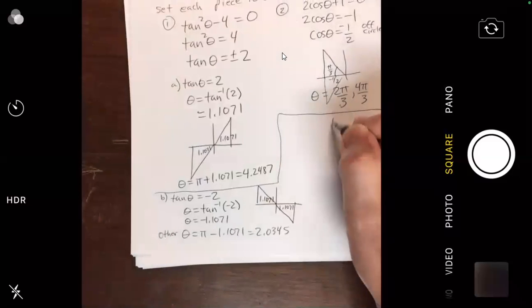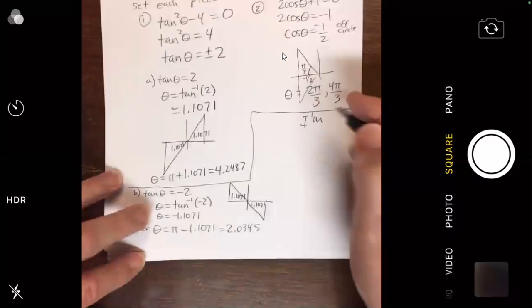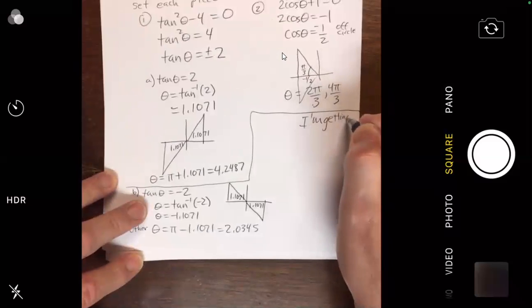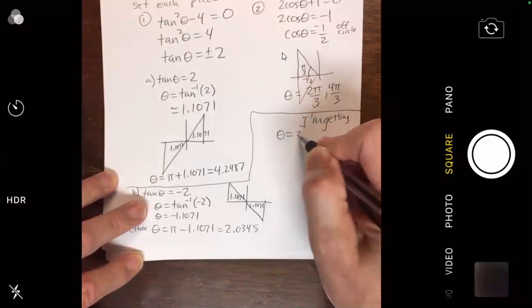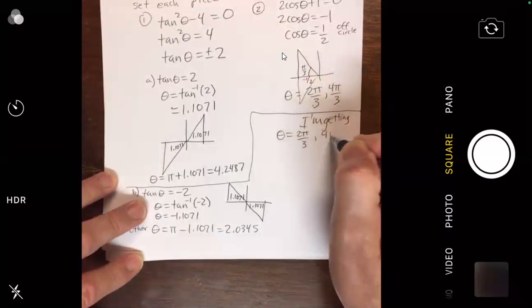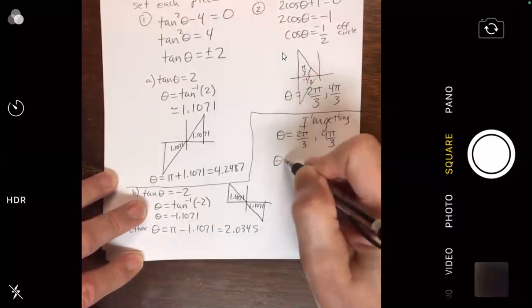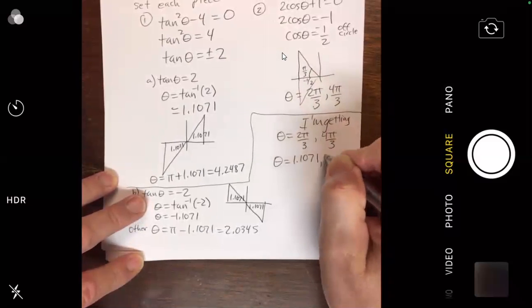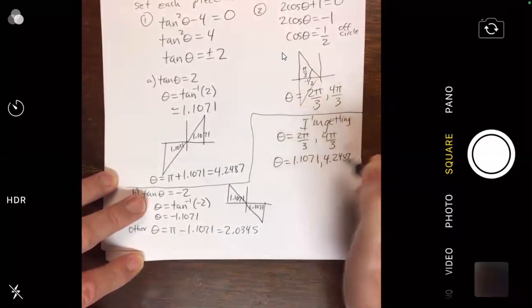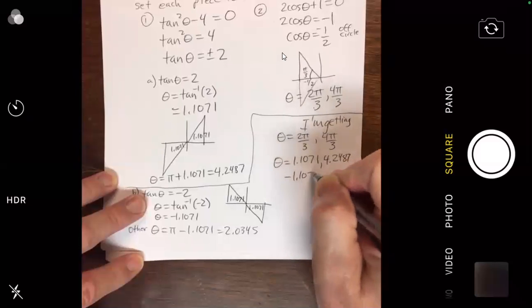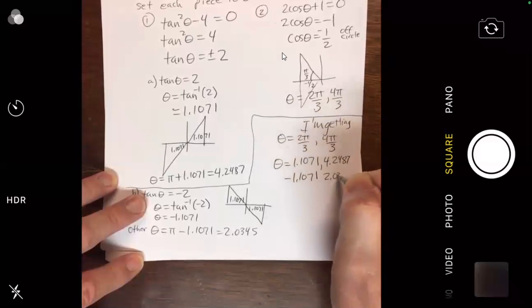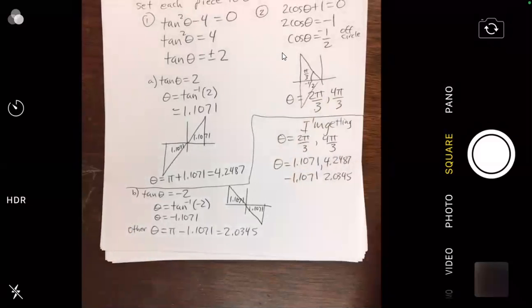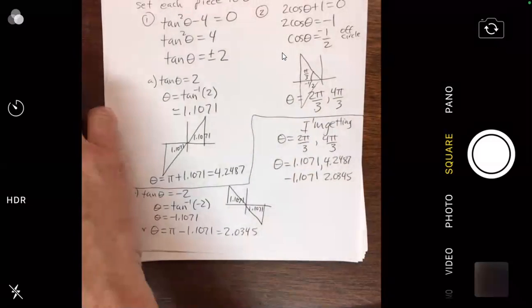All right, so I'm getting theta equal 2 pi over 3, 4 pi over 3, 1.1071, 4.2487, negative 1.1071, and 2.0345. Let's check and see how many of those the book actually writes down. This is 39.